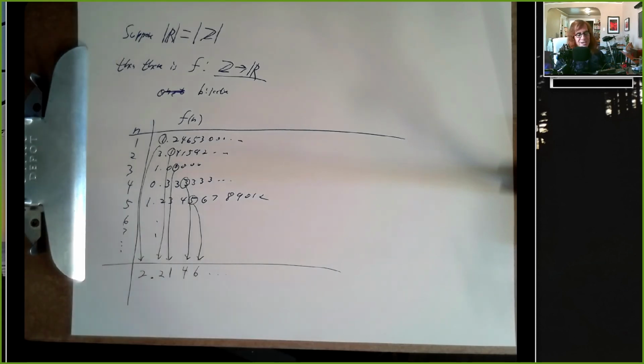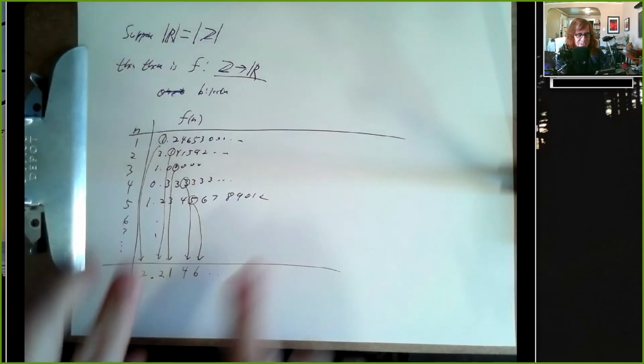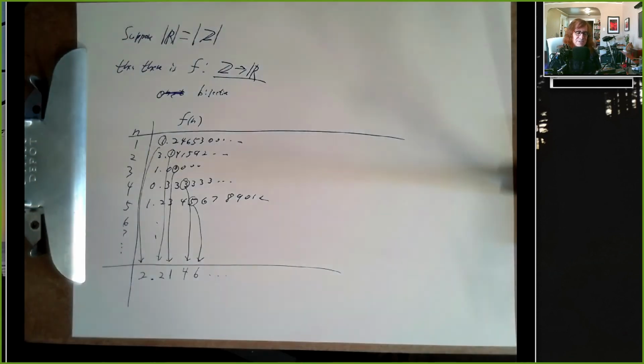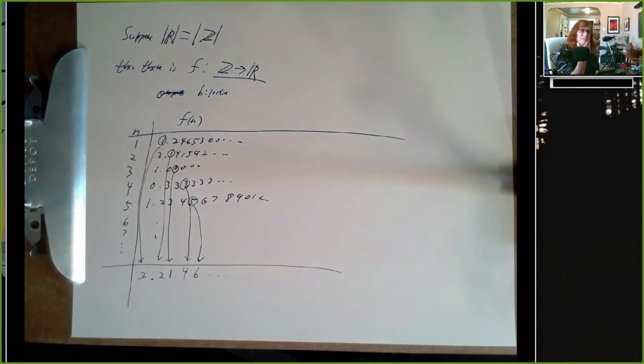So you claim you have a function which maps bijectively from the integers to the real numbers. I just found a new real number that's not mapped to by any integer, which means this function cannot exist. And since it cannot exist, that proves that the cardinality of these sets is not the same. And in fact, R has a larger cardinality because Z is a subset of R.